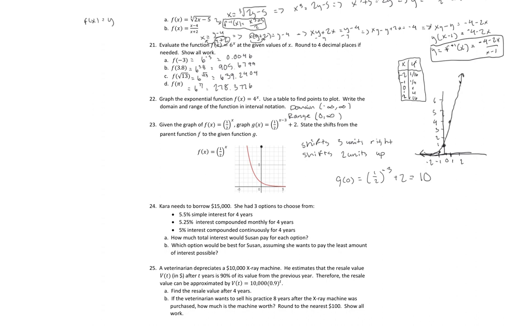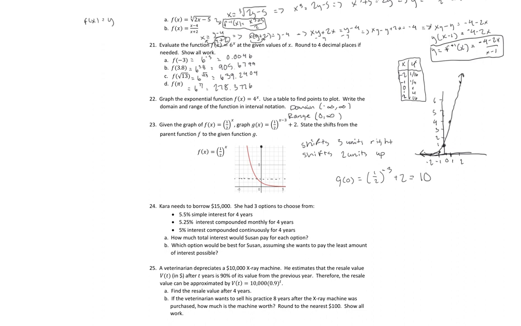And we also know, and this is really important, the horizontal asymptote for the parent function, for this 1/2 to the x, is at 0, right? But our entire function is shifting up too. So that means our horizontal asymptote is going to shift up 2 as well. So I'm just going to draw that line right here.